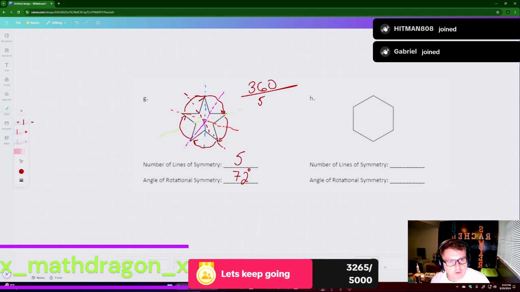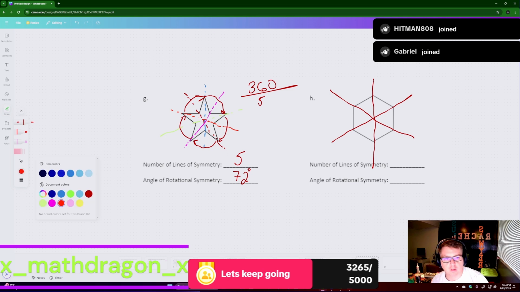Okay. And final one, we can split it this way. We can split it that way. We could split it that way. So each one of those works. But can we fold it this way? And you might be asking yourself, well, I don't know.